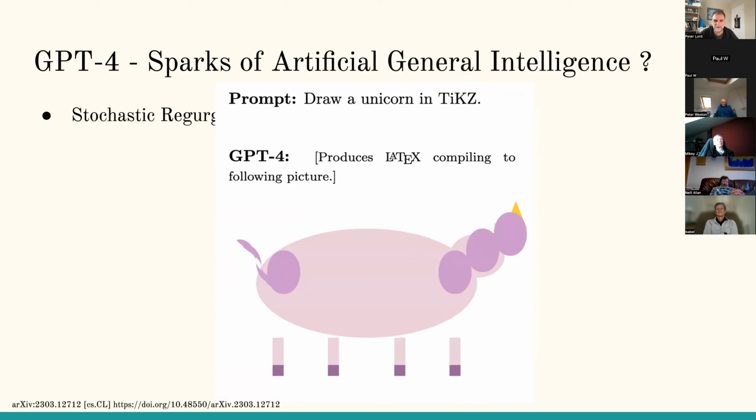GPT-4 has not been trained on images whatsoever. It's got no concept of what an image is. All it knows is text. And from its training data, it seems to have formed the concept of what an image is, what things look like, even though it hasn't been trained on it. And I have to say that various generations of GPT-4 have produced better and better pictures of unicorns from text, and it hasn't been trained on images.